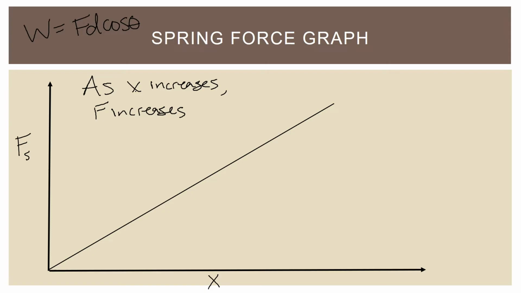What I think is important to realize is that in this work equation, you're taking something measured in newtons multiplied by something measured in meters. And if you look at this graph, the y-axis variable is measured in newtons, and the x-axis variable is measured in meters. And in order to get newtons times meters, we're doing multiplication.